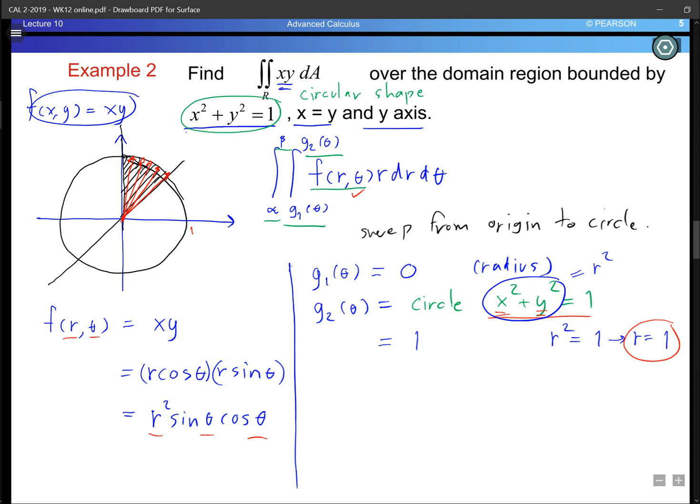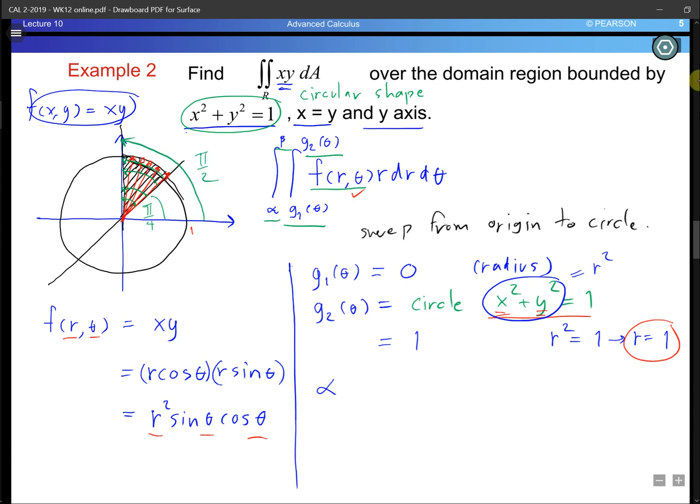Alright, now alpha and beta. Alpha is the start of the sweeping of the angle. So you can see that angle starts sweeping from here and ends at here, and you can see that the starting point here is pi over 4, right? Because of the line y equal to x, and it sweeps anti-clockwise to pi over 2.